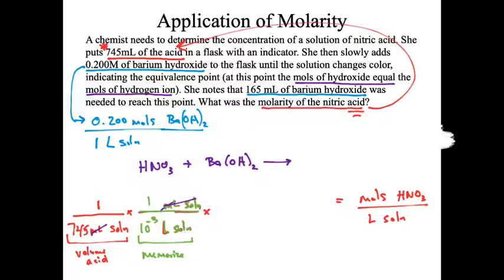We said double replacement neutralization, so no. Barium nitrate and water. I'm going to argue that writing it as HOH is actually more effective to be able to see how to balance this equation.